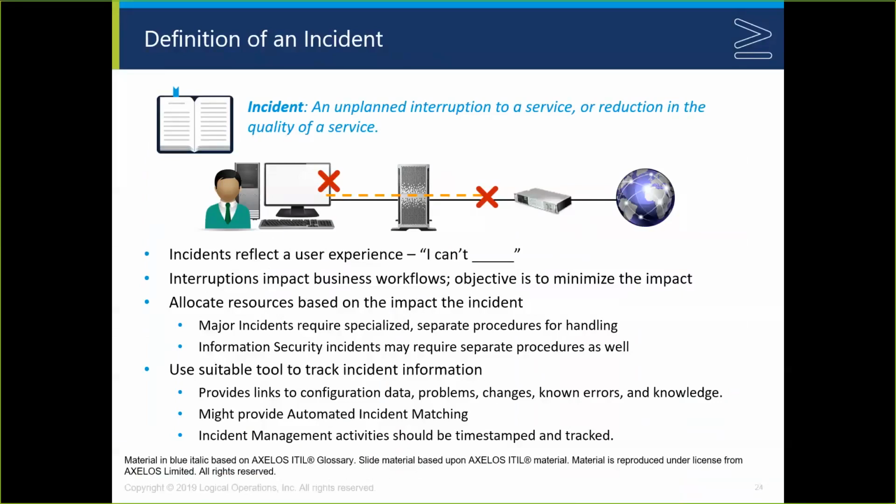They get into talking a little bit about tooling here. They want your tool to be able to link to other things. So they are definitely reinforcing what we see in integrated service management tooling. They want you to know that there are capabilities in those tools like automated incident matching, that it is probably not going to provide detailed information about diagnosis, but it's going to provide high-level steps for being able to coordinate and manage the routine ones.